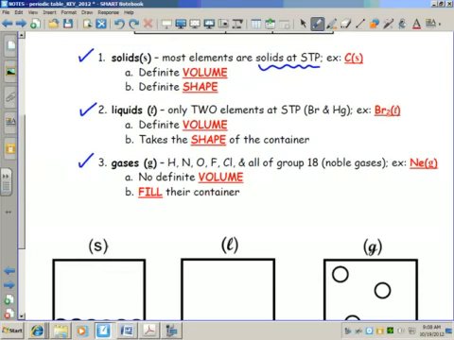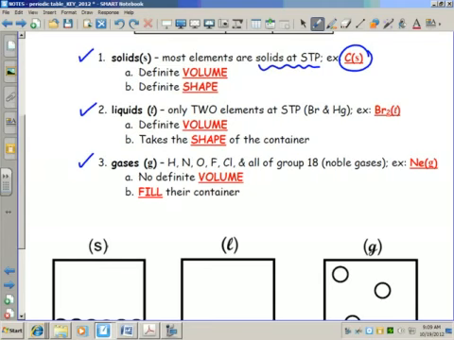When you look at the periodic table I have in my room with all the pictures, it's easier to see. You will have to be familiar with where you find the majority of the solids at STP, and most of them are the metals and metalloids on or below the staircase, and there are a handful that are above the staircase. Carbon, graphite, or diamond is one of them.